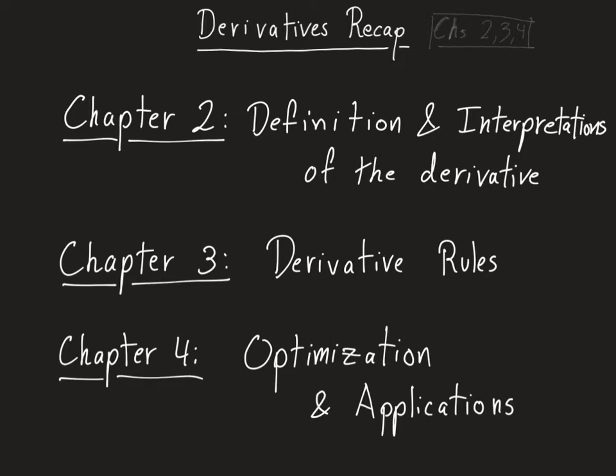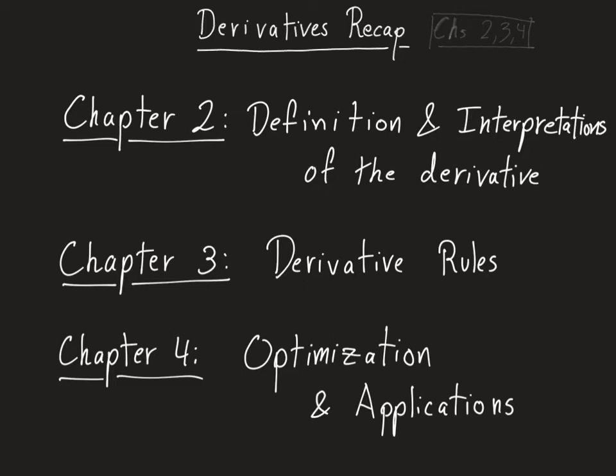On the screen I've already put up the three main chapters of the book that cover derivatives, as well as what I view as being the main focus of each of these three chapters as far as you should be concerned. In chapter 2, we first defined the derivative function, and we went over various different interpretations of the derivative.